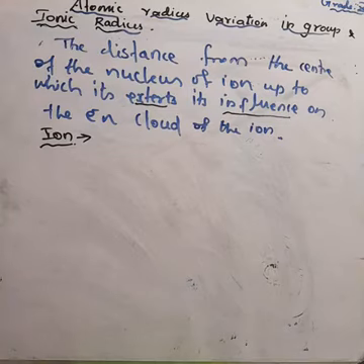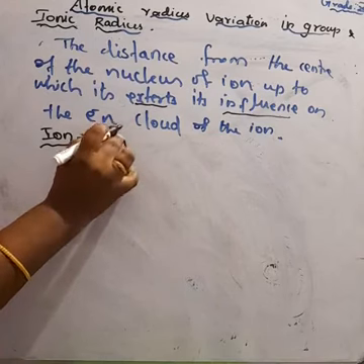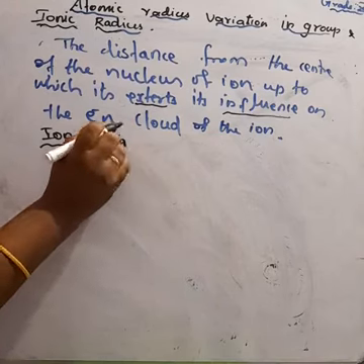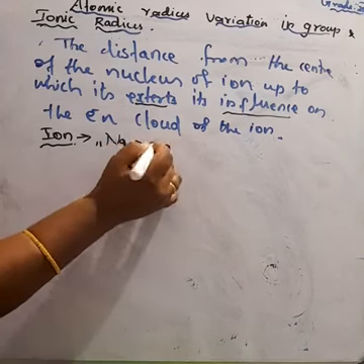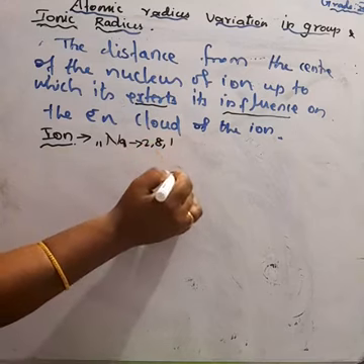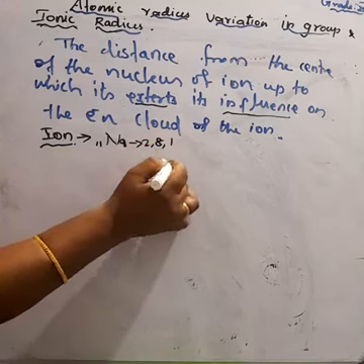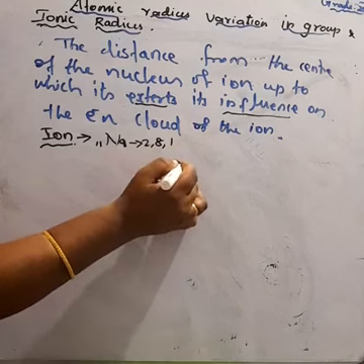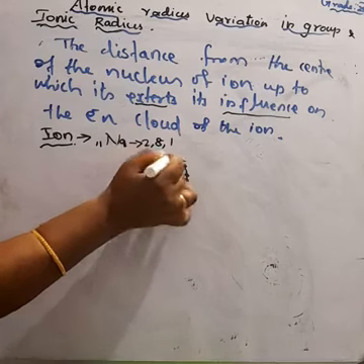We know that, for example, sodium. I am taking the sodium atom, atomic number 11. So here is the nucleus. What is the electronic configuration? 2, 8, 1. The first shell has 2 electrons, the second shell 8 electrons, the third shell 1 electron.